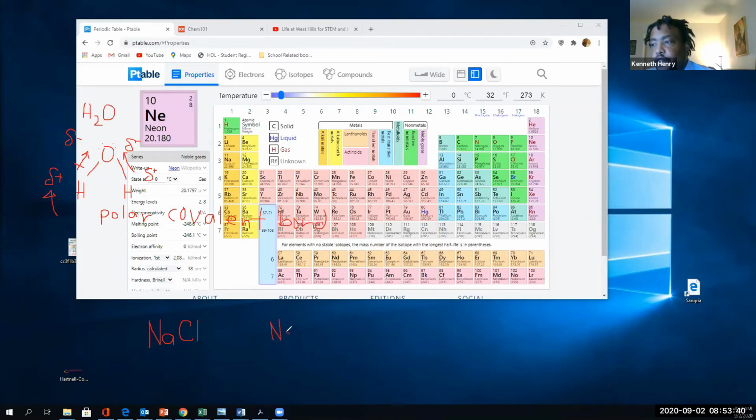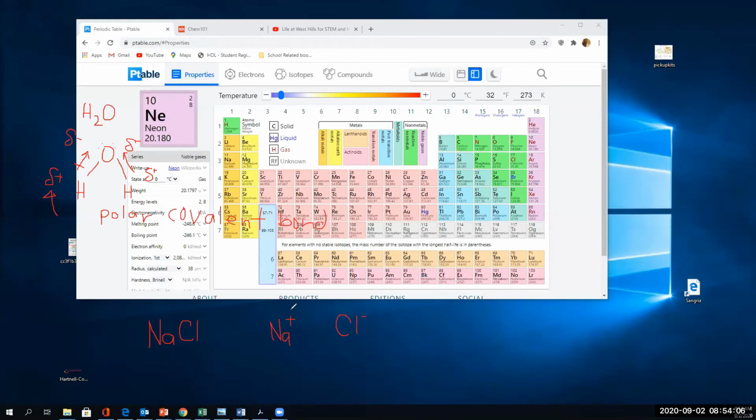You have a sodium that's going to be plus, and a chlorine that's going to be minus. When they come together, the positive and negative cancel each other out, so we don't write the charges. So when we put this in water, what happens? Do you see salt still at the bottom if you stir it in, and if you don't put too much salt? No.